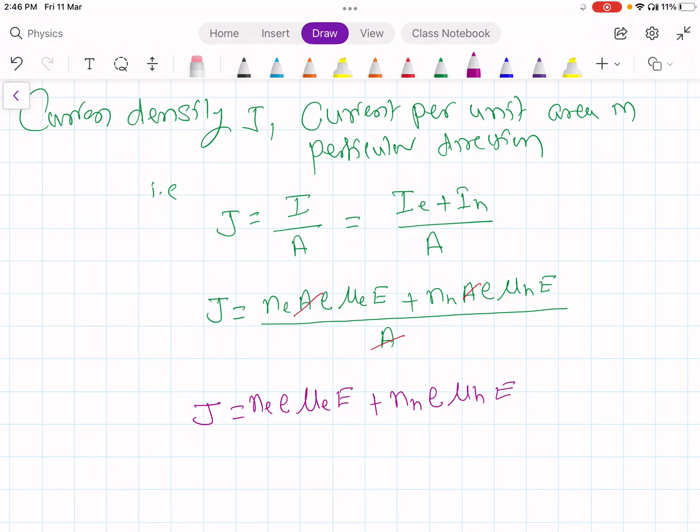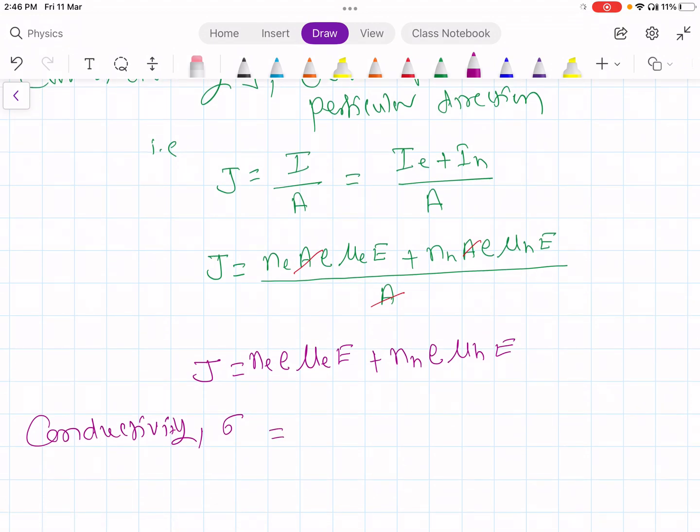Then we can define the conductivity. Conductivity is denoted by the letter sigma, and that is nothing but current density per unit electric field.